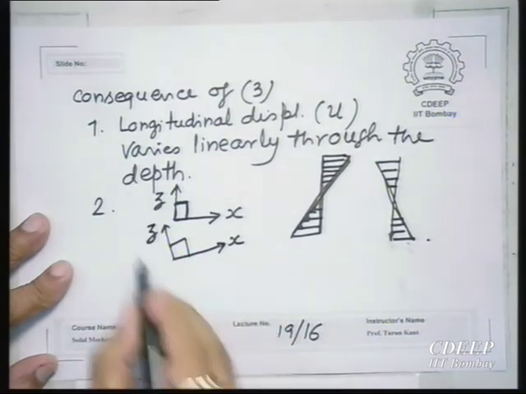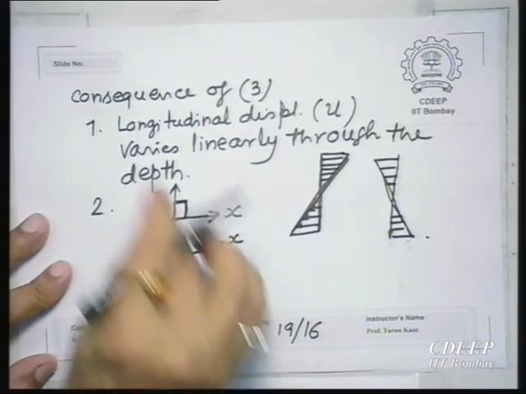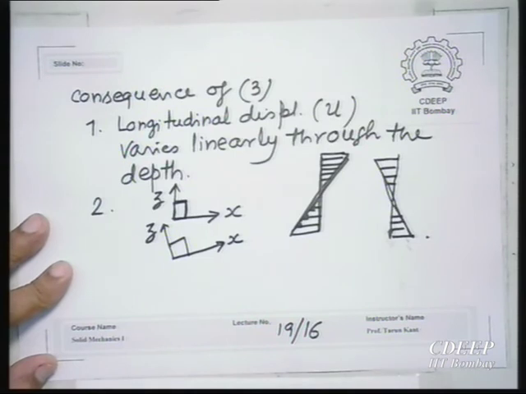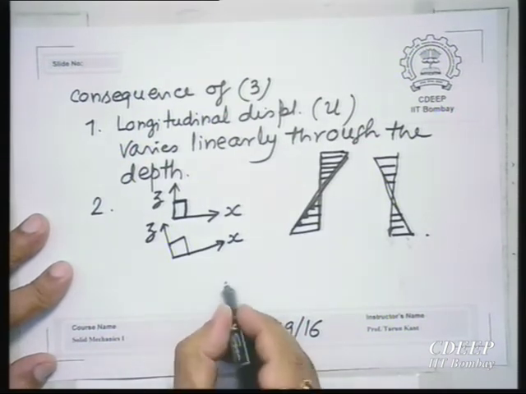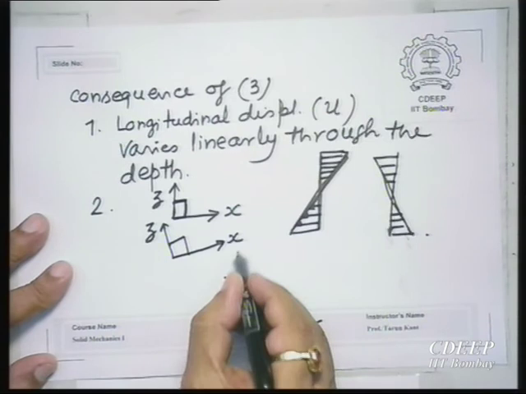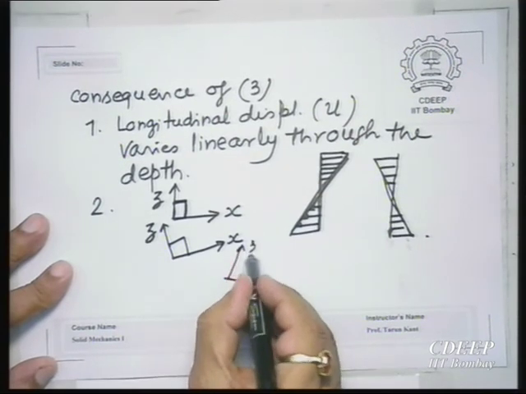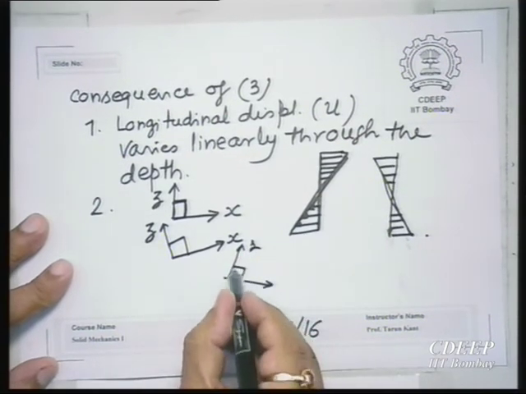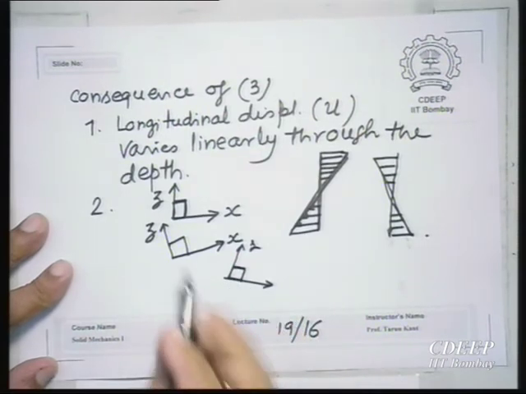These are all in small deflection. Although they are inclined differently, I am showing them as xz. So this element always remains 90 degrees.